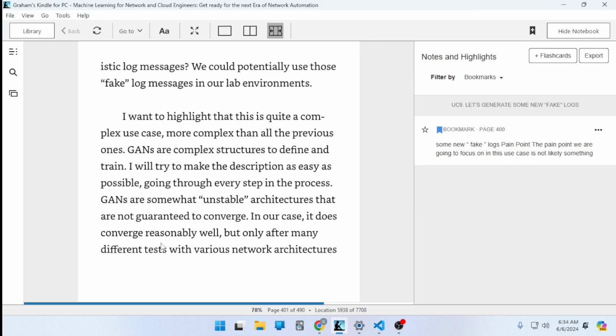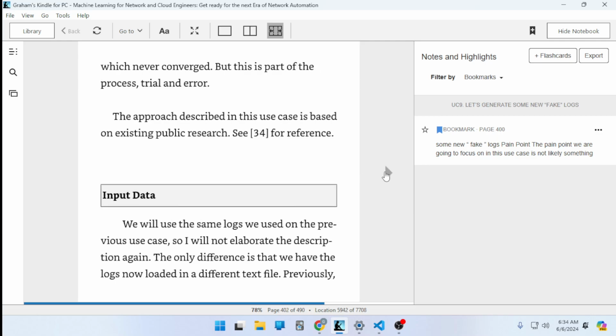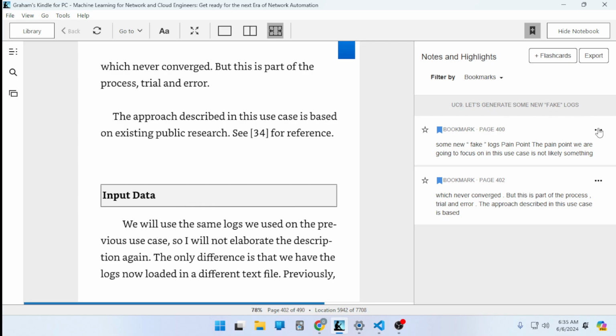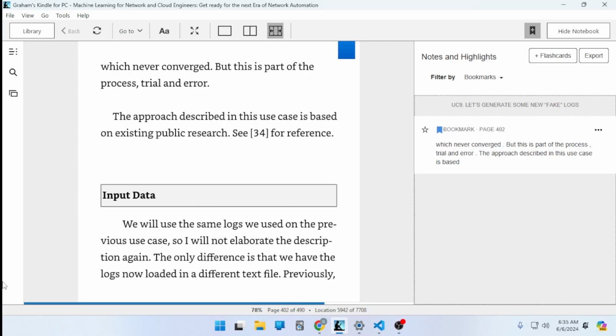In our case, it does converge reasonably well, but only after many different tests with various network architectures which never converged. But this is part of the process, trial and error. The approach described in this use case is based on existing public research. See 3.4 for reference.